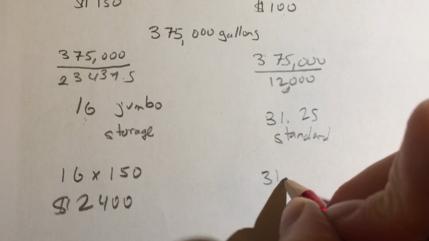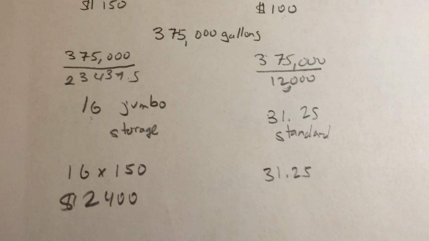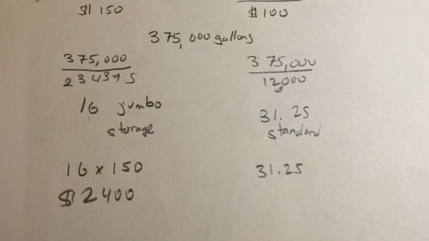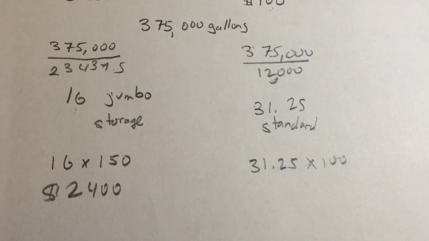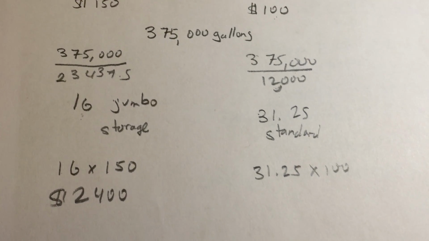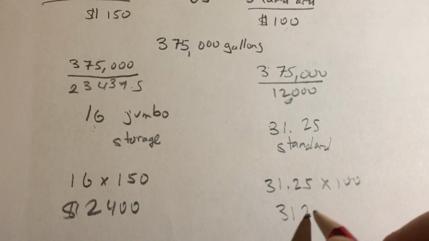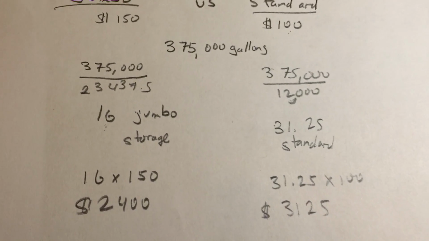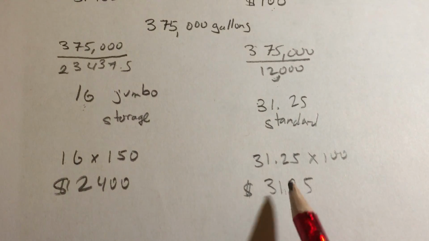So if I multiply the 31.25 tanks, now again, I know you're not going to buy a quarter of a tank, you're going to buy a whole tank. But for the sake of our argument, we're going to pretend that you can actually buy just a quarter of the tank. You are going to spend $3,125.